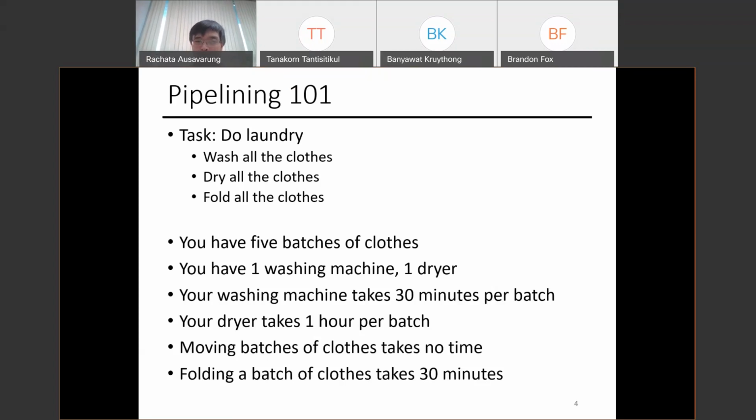How many minutes in total do you have to spend to wash, dry, and fold all 5 batches of clothing? Any taker? It's just adding a bunch of numbers together. If I only have one washing machine and one dryer, roughly 10 hours, right?